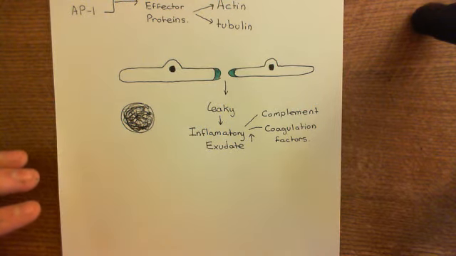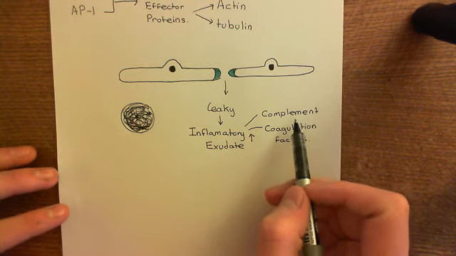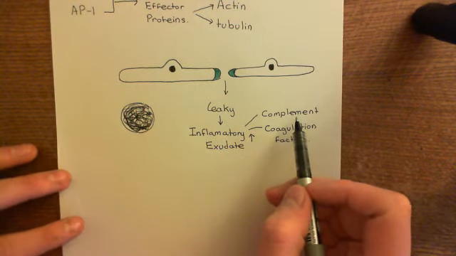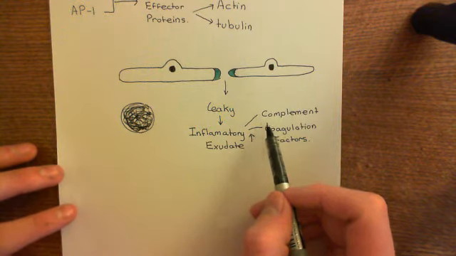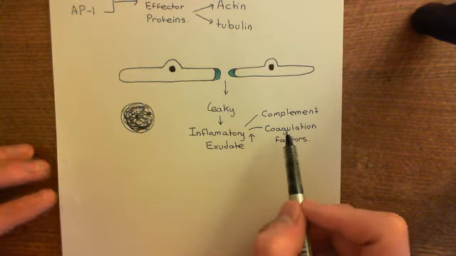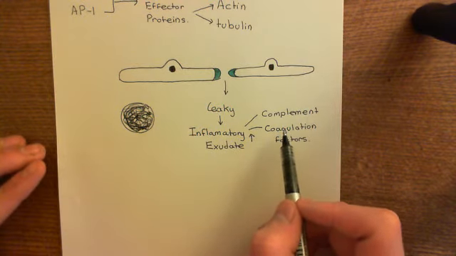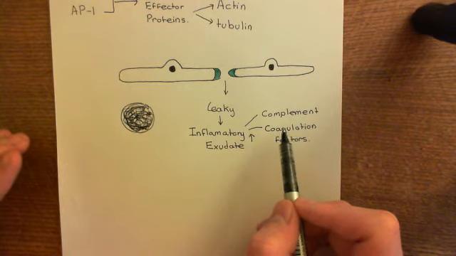And this means that the complement factors can now attack the Staphylococcus aureus bacteria directly, so they're involved in cytotoxicity, and the coagulation factors can now undergo the coagulation cascades, both the intrinsic and extrinsic coagulation cascade, which they will do just automatically.